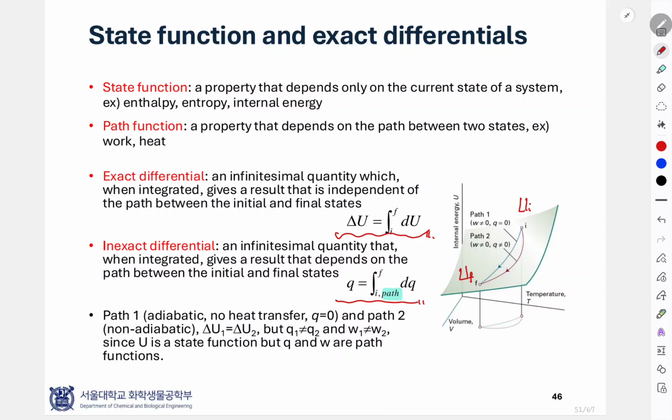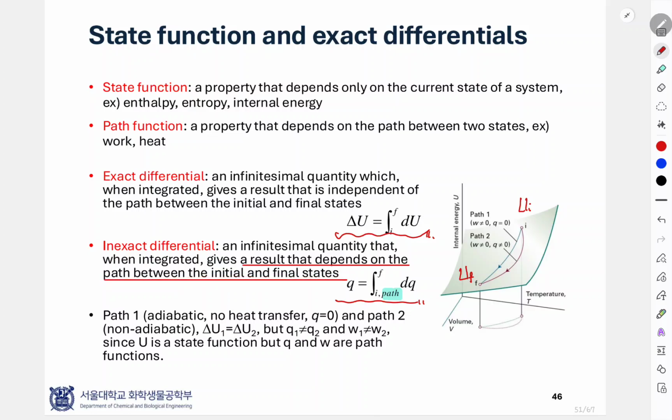The total energy transferred as heat is the sum of individual contributions at each point on the path. So Q is the integral of dq from I to F along the path. It's important: here Q is not delta Q because Q is not a state function. So we call dq the inexact differential, which is an infinitesimal quantity that gives a result that depends on the path between the initial and final states.